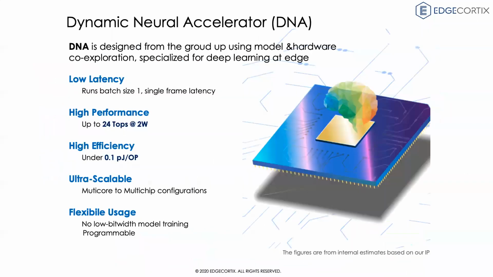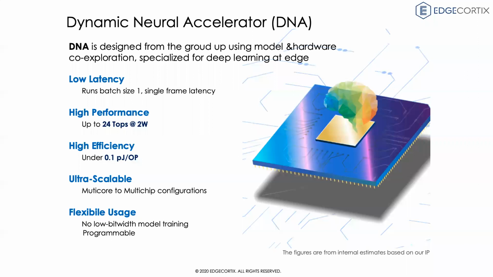Having created this system, I just wanted to highlight that we have still only been scratching the surface in terms of what we can do with such a co-design framework in order to realize intelligence on edge devices. We call this accelerator the dynamic neural accelerator, or DNA.